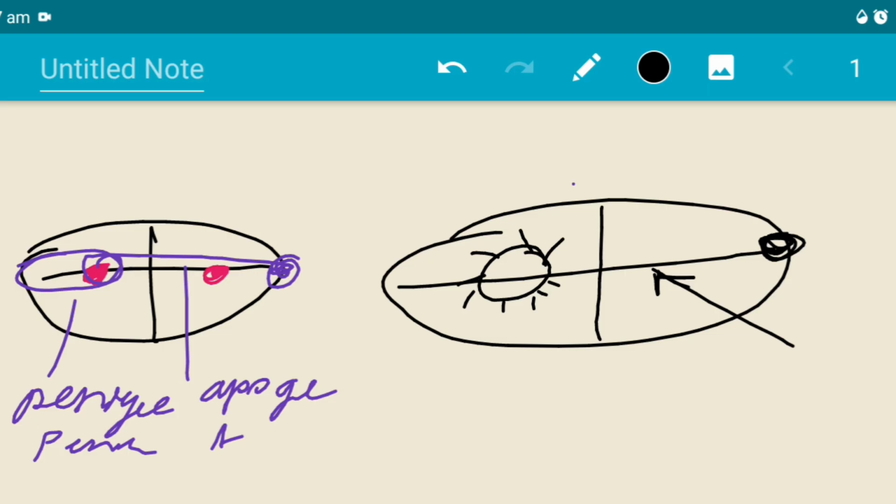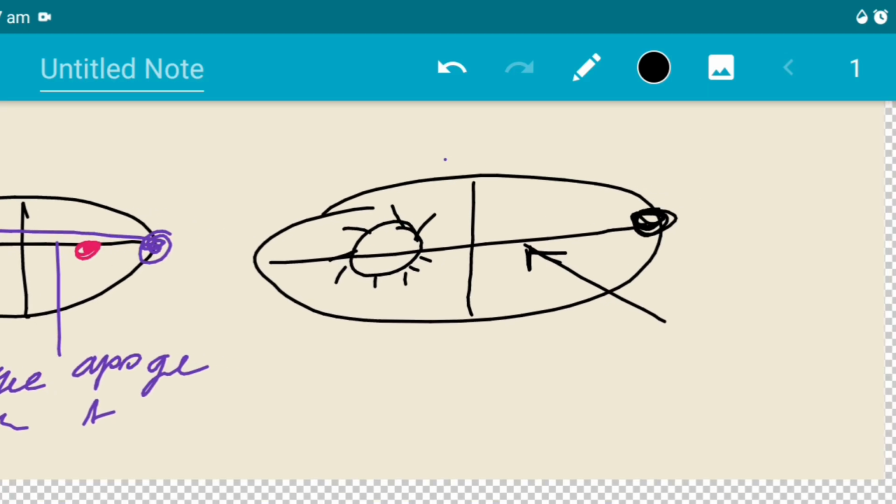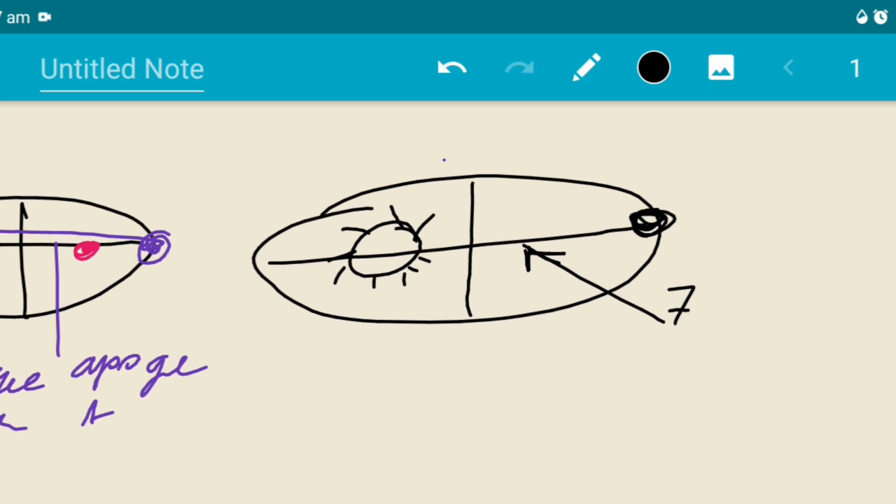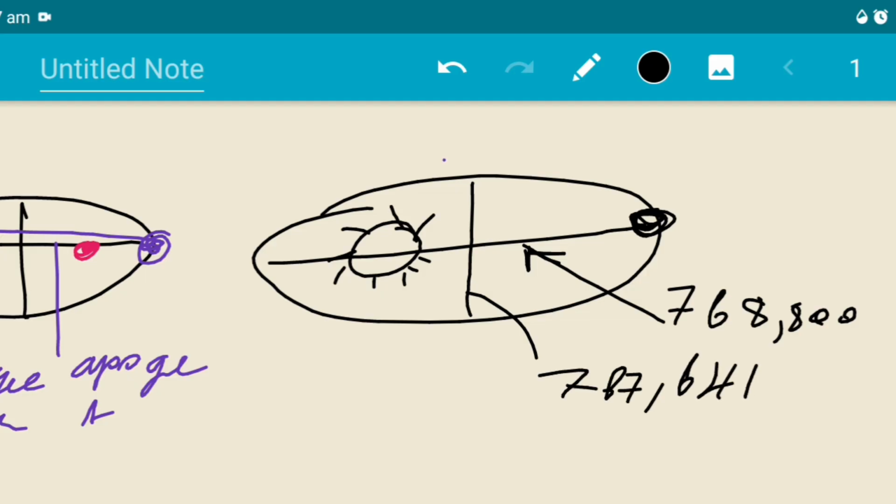There we have 7,600 and, sorry, please, you can pronounce this. I bet you can. But yeah, that's the major axis. Then the minor axis is 767,641. Okay.